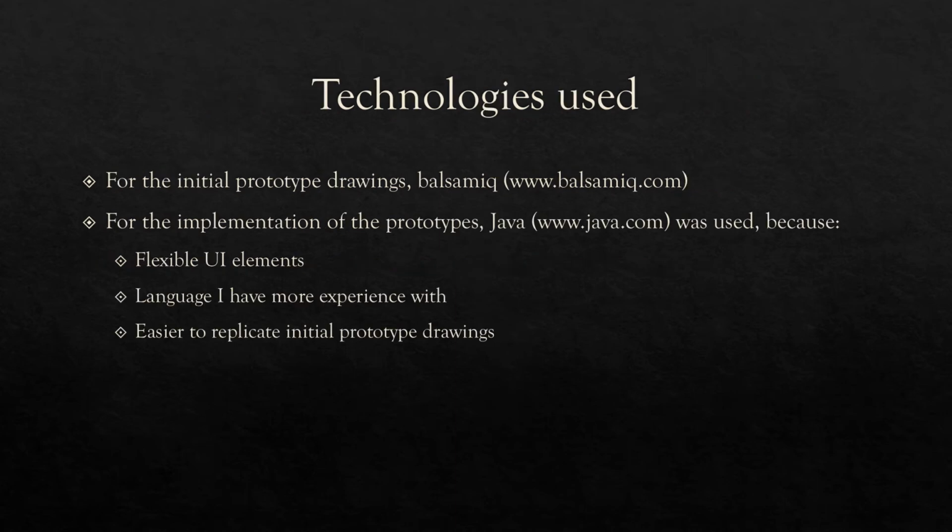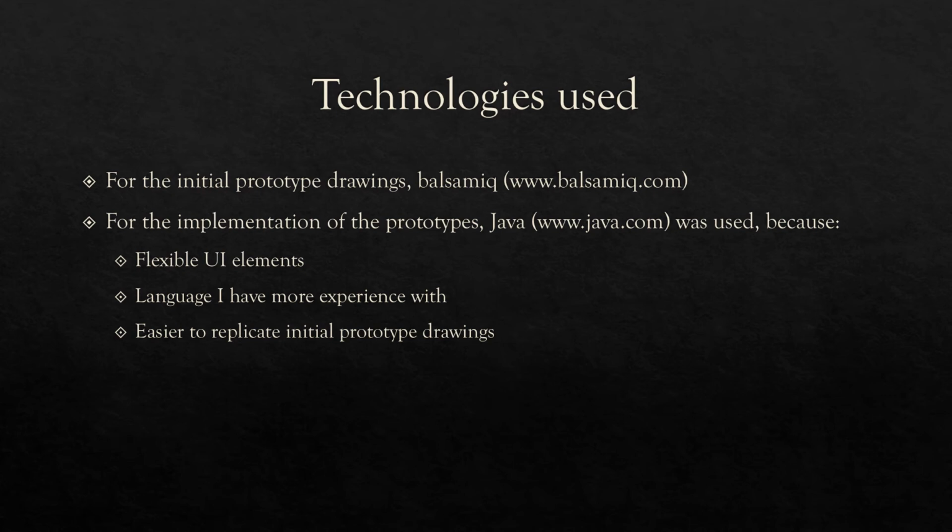For the initial prototype drawings, I used a platform called Balsamiq, balsamiq.com. It's a pretty easy platform to do prototyping. I would recommend it, and I would definitely use it again if I need to do more prototypes of this kind. And for implementation, I used Java.